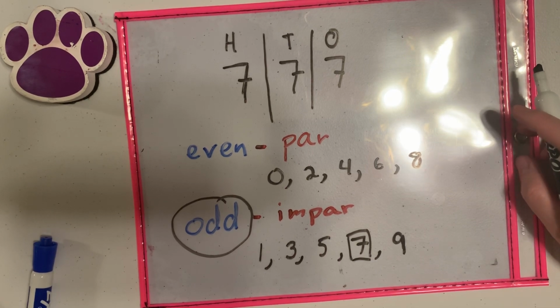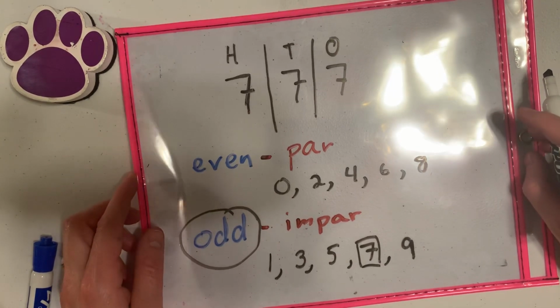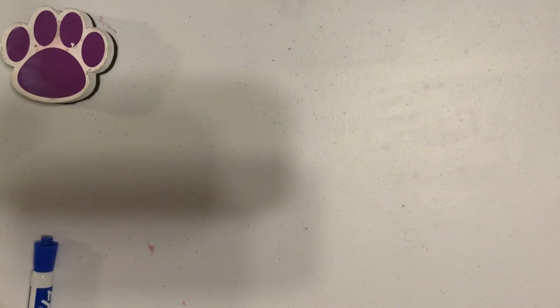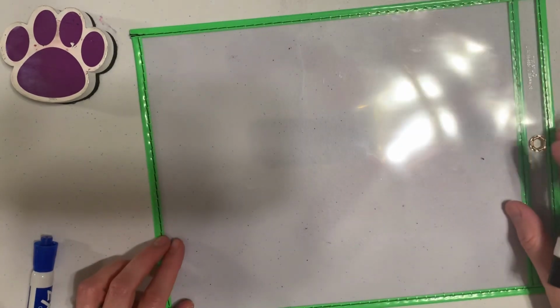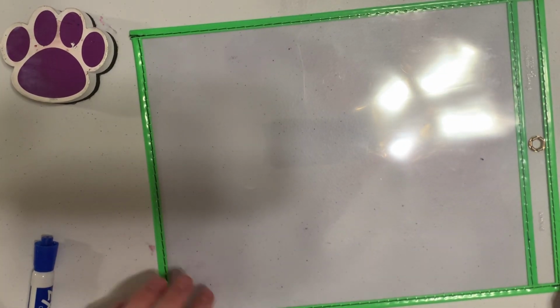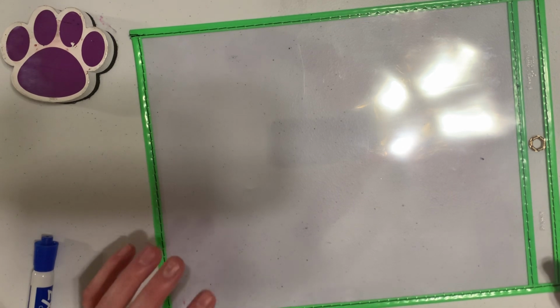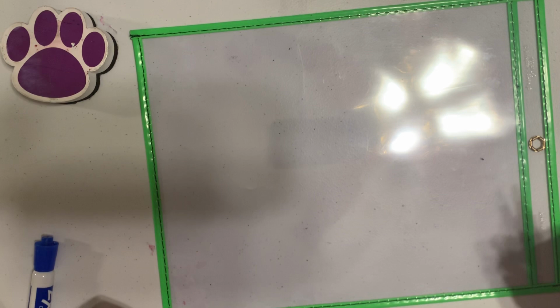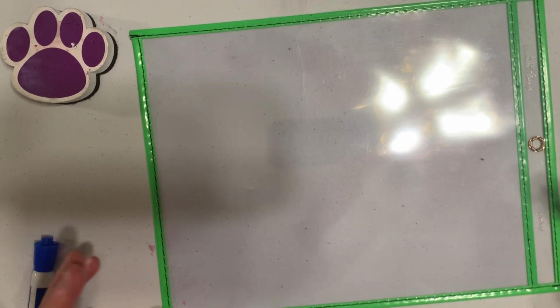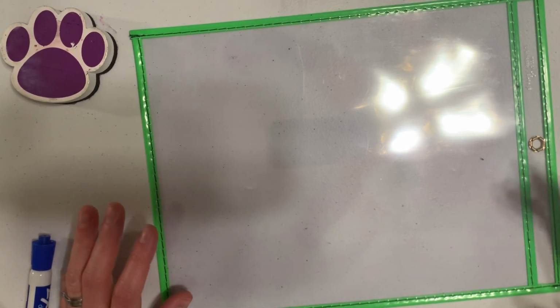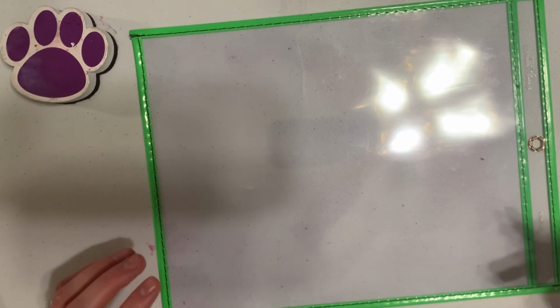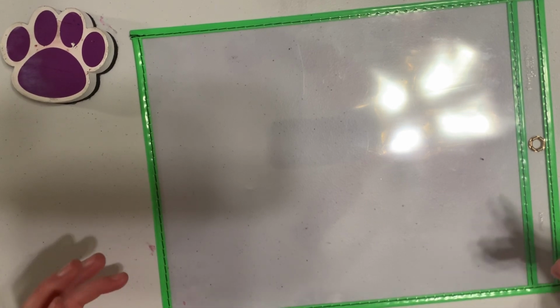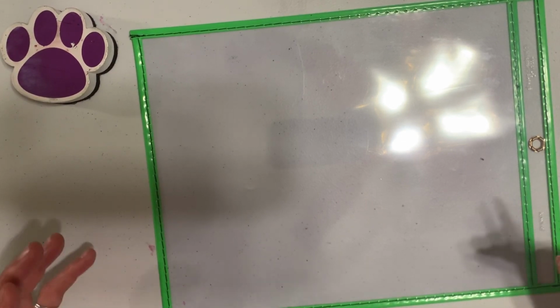Good. Now we're doing the last part of today. Today, we're going to divide a shape into equal parts. A long time ago, we talked about equal parts. Remember that when we divide a shape, we divide it into equal parts.